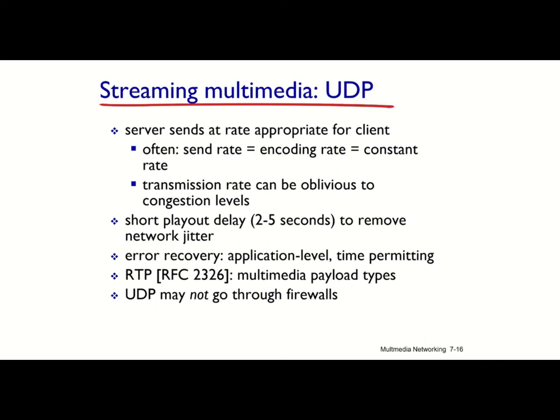The playout delay is usually between 2 to 5 seconds to remove the possibility of freezing. Also, since UDP doesn't provide reliable service, you should have error recovery at the application level, not in the transport layer. Another problem that can arise while using UDP is that UDP may not go through some firewalls.